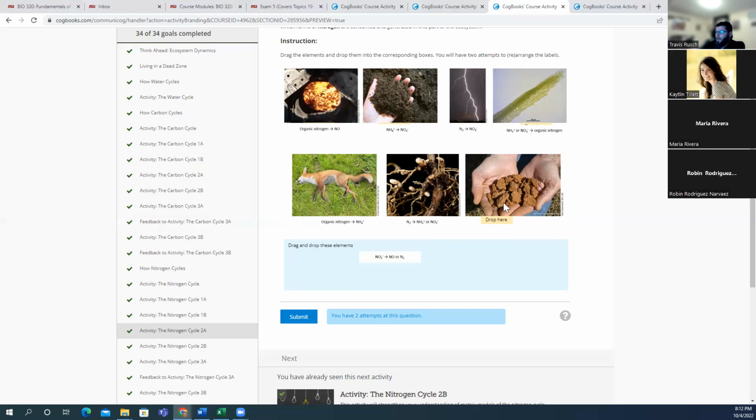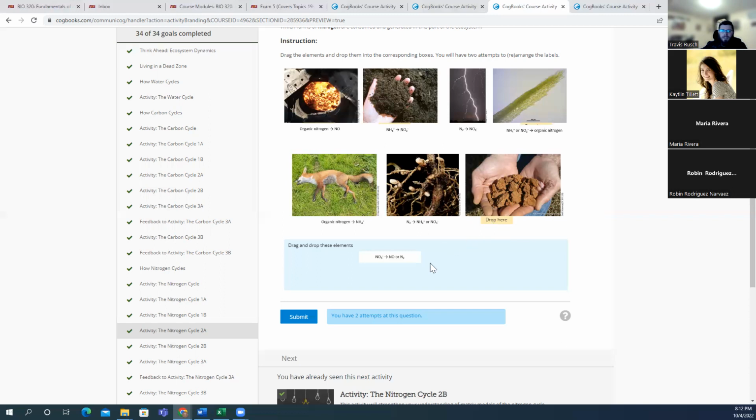All right. And then in the last picture, it looks like there's hands holding up something in the middle. What are we looking at there? Yeah, so some type of dirt, unfertile dirt.